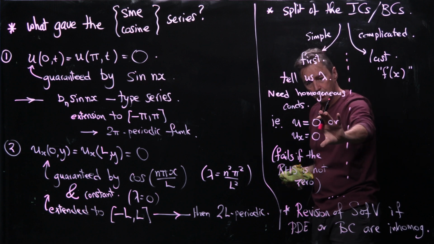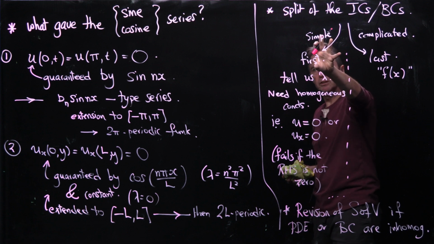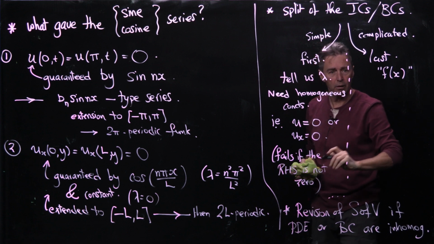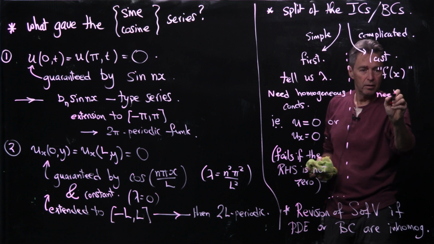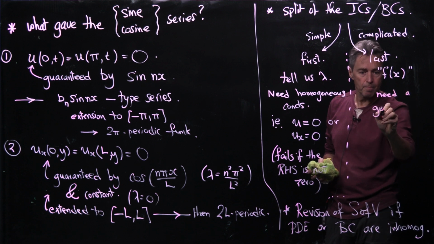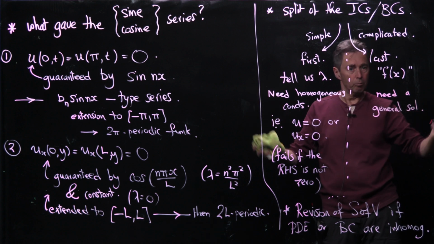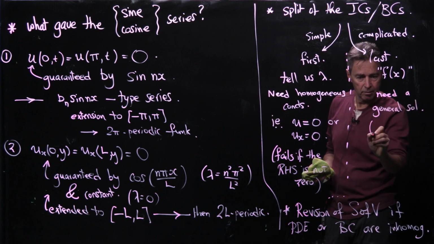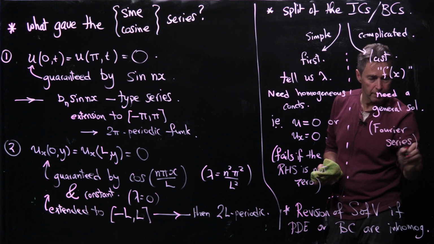Otherwise, you've got these simple homogeneous looking conditions that simplify the solutions of the ODEs and tell you what lambda are. And in this case, you need a general solution with a whole bunch of constants in there. And in 256, that's where a Fourier series will come in.